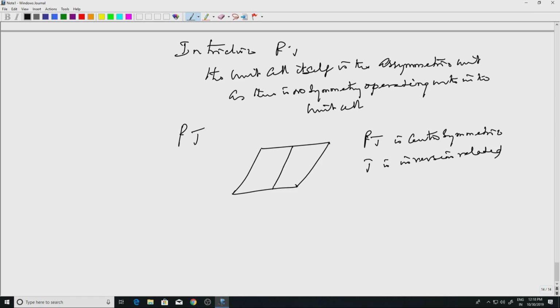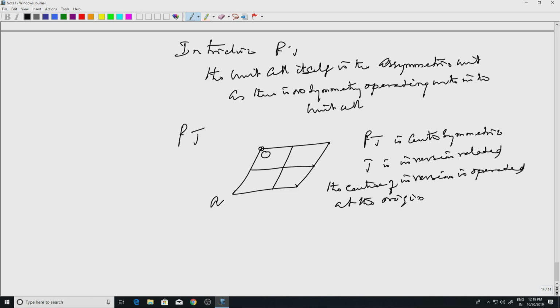So we divide this into 4. The center of inversion is operated at the origin.